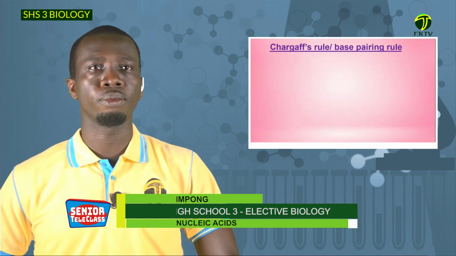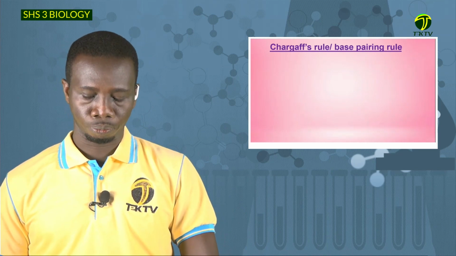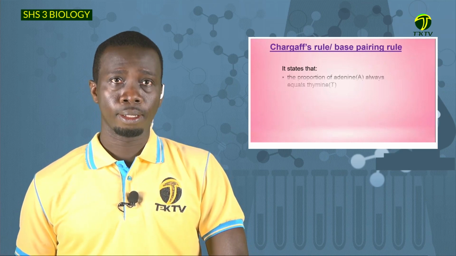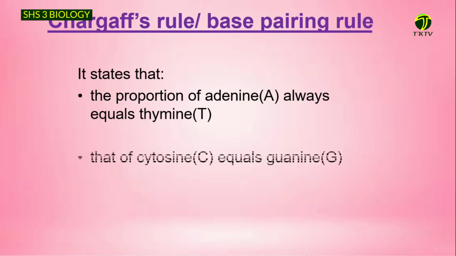So Chargaff, a scientist who came by the arrangement, came out with a rule which is saying that the purines, adenine and guanine, will have a proportion which is equivalent to the pyrimidines.